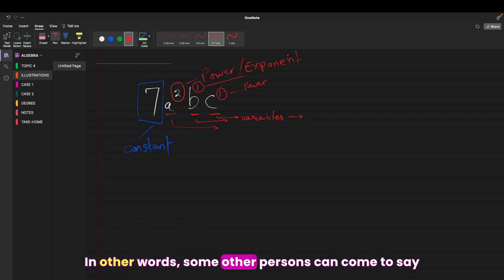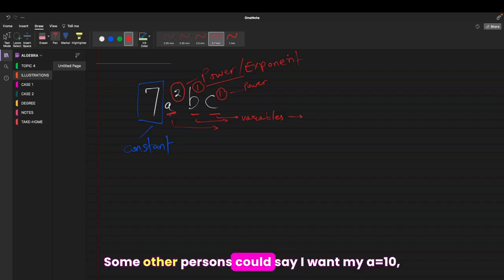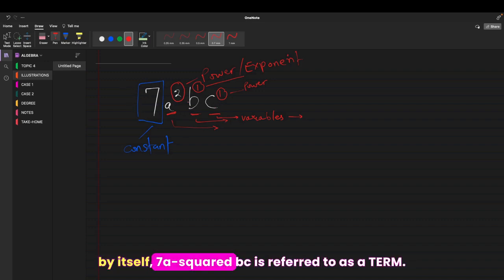In other words, some other persons can come to say, I want my a to be equal to 3. Some other persons would say, I want my a to be equal to 10. So it can take on any value or any number. So all these a, b, and c are variables, and all of this by itself, 7a squared bc, is referred to as a term.